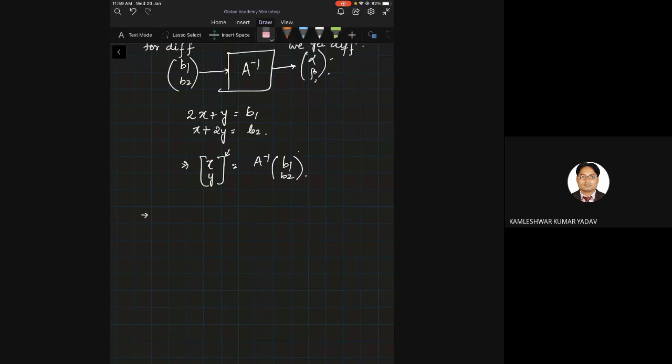The set of all possible linear combinations of (2, 1) and (1, 2) yields the set of all points in R2.